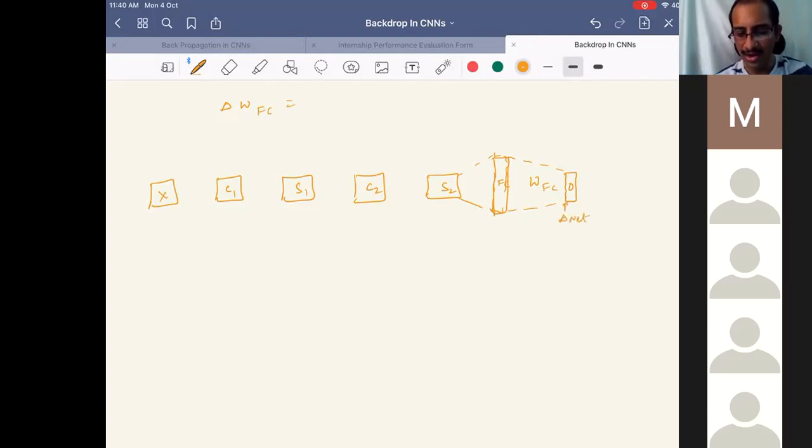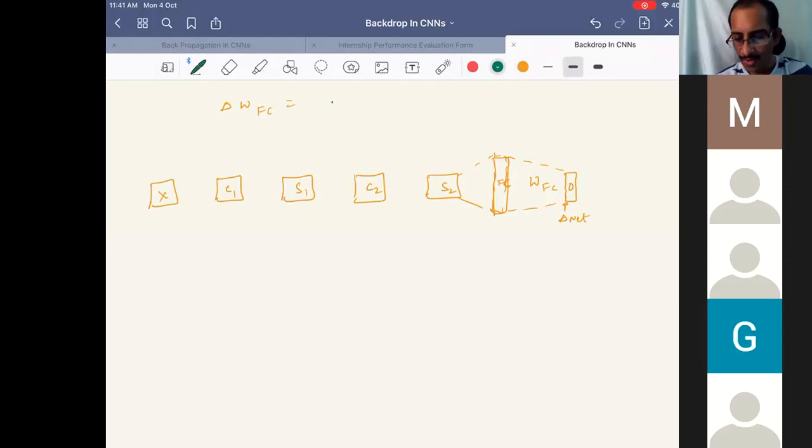Okay, delta net we have here. And then if I want to update the weights, what did we discuss in the previous classes? If you want to do a weight update at any layer, the weight update at that layer is nothing but the multiplication of two things. What are the two things we have said?